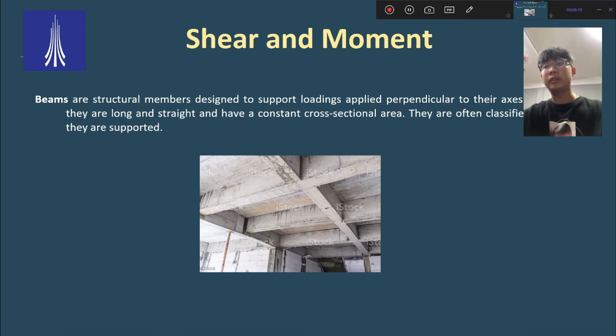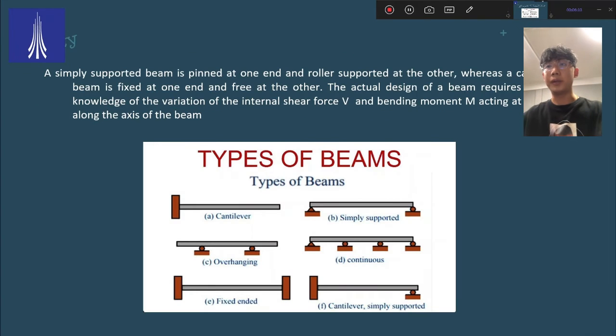As you can see in the picture below, I have shown a beam of a building. A simply supported beam is pinned at one end and roller supported at the other, whereas a cantilever beam is fixed at one end and free at the other end, as you can see in the types of beams below.